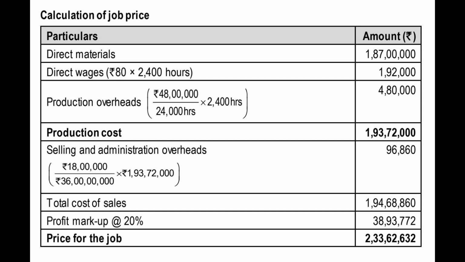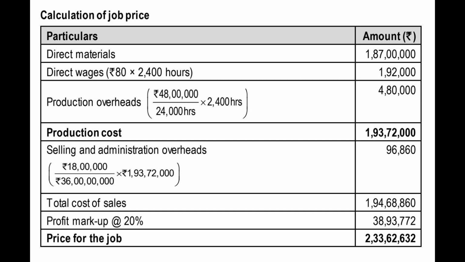So that 200 rupees should be multiplied with 2,400 hours. Per hour 200 rupees cost for 2,400 hours. How much? 4,80,000 rupees. Update in the final column. The resulting figure would be called production cost. Production cost is nothing but direct material, direct wages and production overhead.